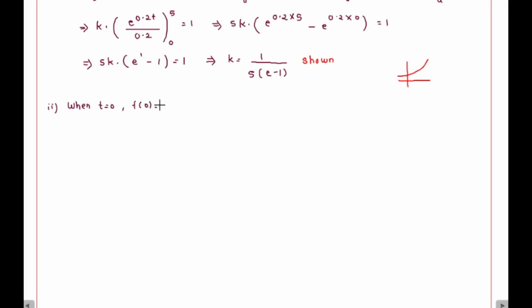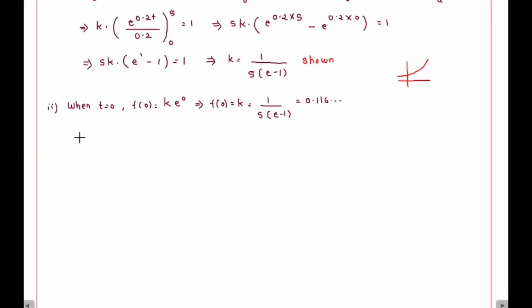F of 0 is equal to k times e raised to 0.2 into 0, that is e raised to 0. So this is just equal to k. But what is k? k is 1 upon 5 times (e minus 1). If we solve this, we get 0.116 something.